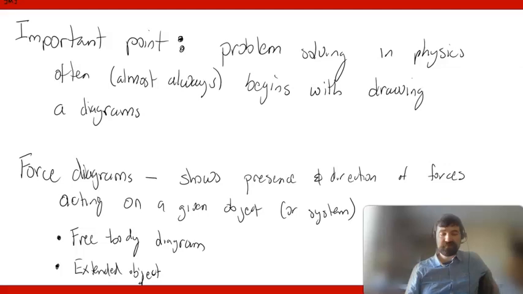These are mostly there for if you're trying to figure out the torque, you have to define an axis of rotation, and so you need to know where each force acts on the body relative to that axis. And so this would not be a free body diagram, but it would be a force diagram.